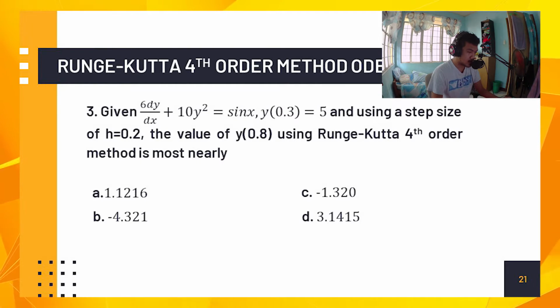So for A, we have 1.1216. For B, we have negative 4.321. For C, we have negative 1.320. And D, we have 3.1415.